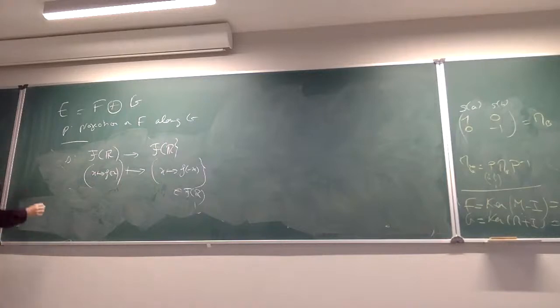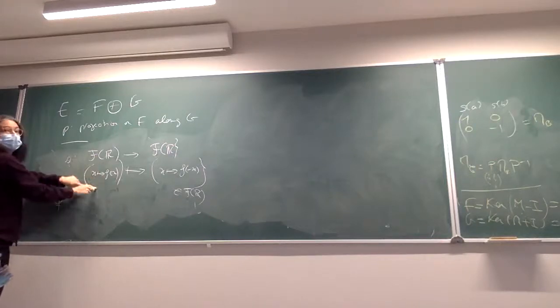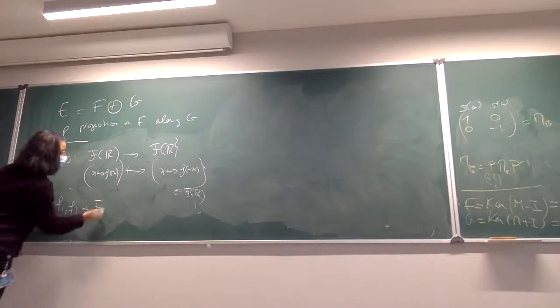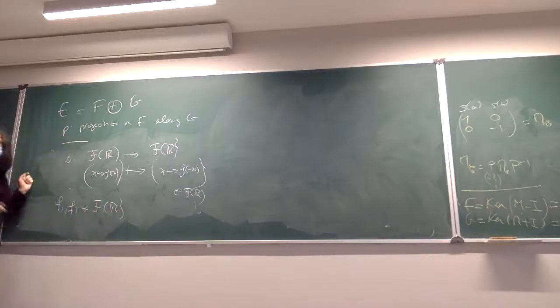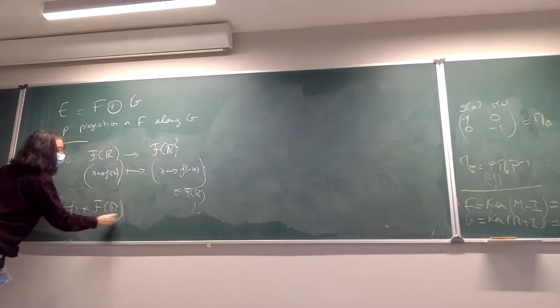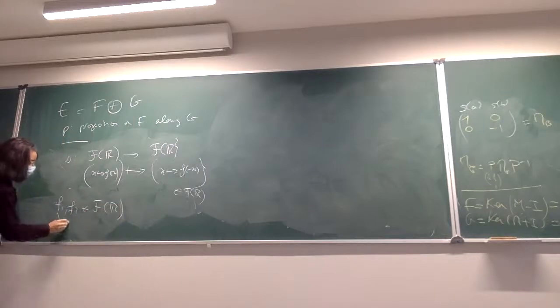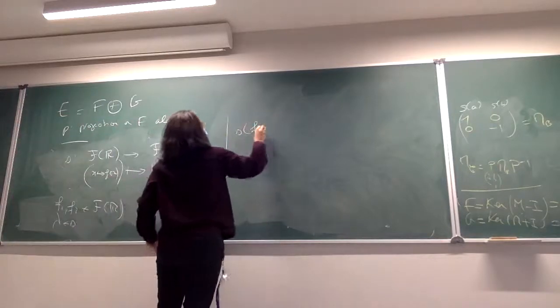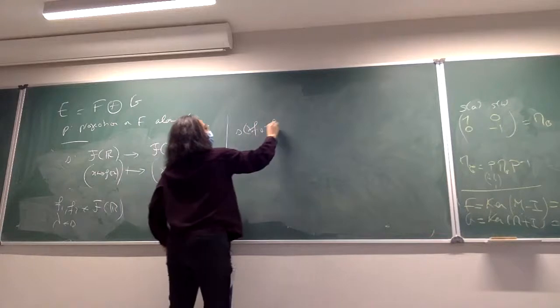Linearity means, as usual, I take two items in my space, so F1, F2 that belong to my space of functions, so two functions, and a real number lambda. Do I have that the image of the linear combination is the linear combination of the images? So we have to compute S of lambda F1 plus F2.